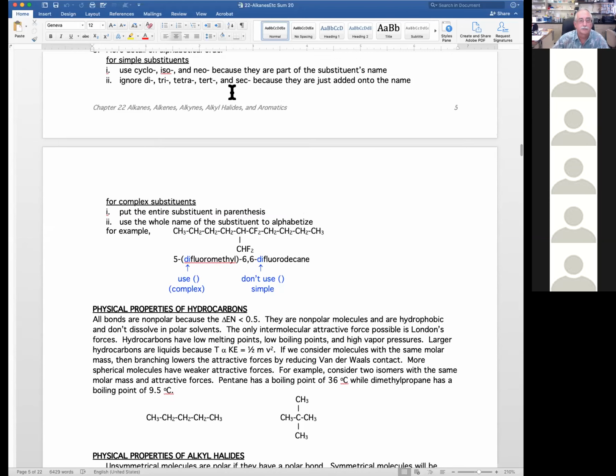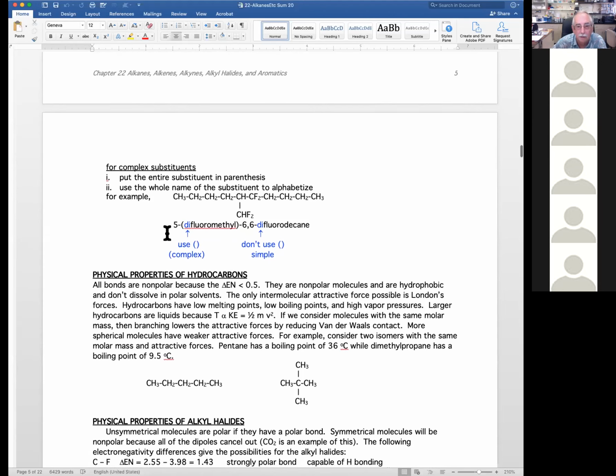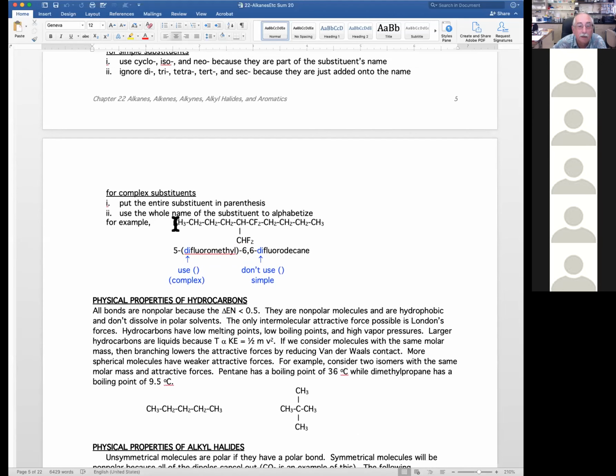And for complex substituents, you put the entire substituent in parentheses and use the whole name of the substituent to alphabetize. For example, looking at this, I've got 1, 2, 3, 4, 5, 6, 7, 8, 9, 10 carbons in a row. Obviously, it's going to be decane, right?